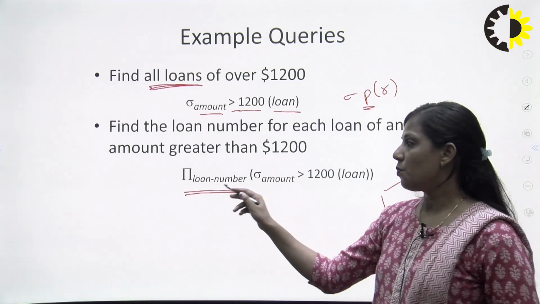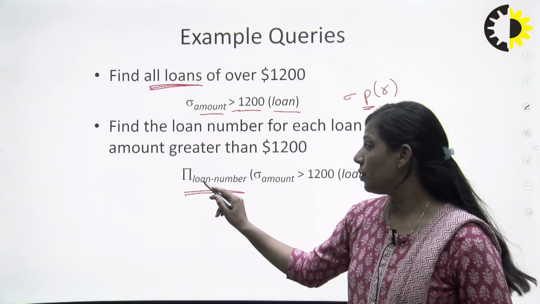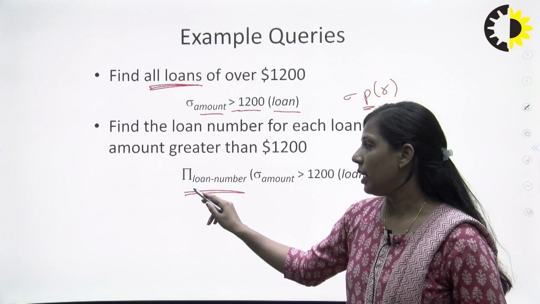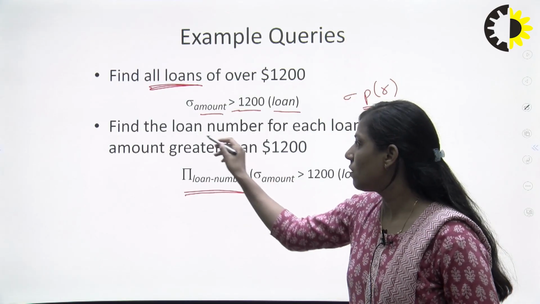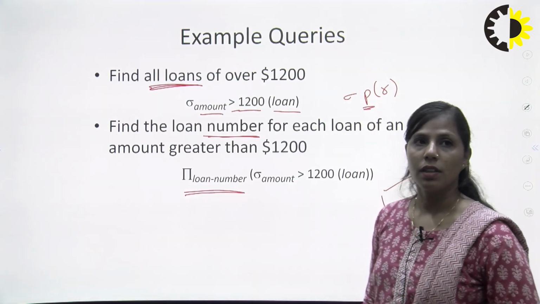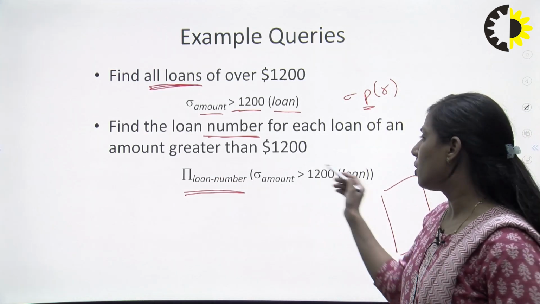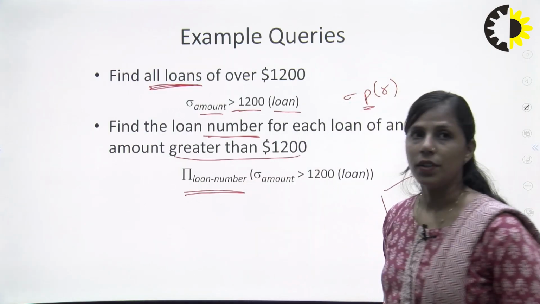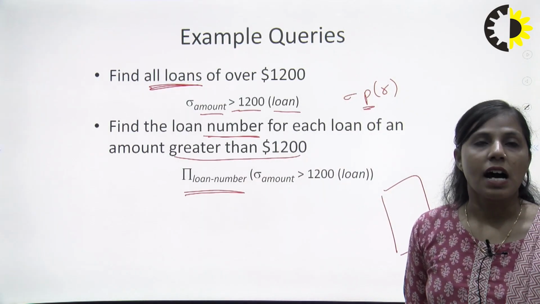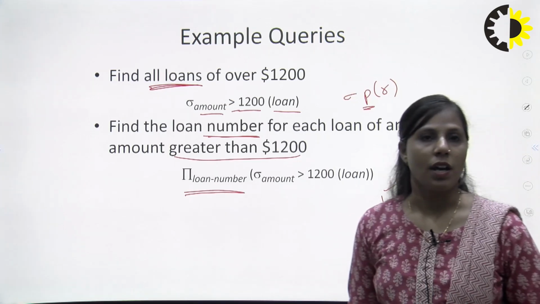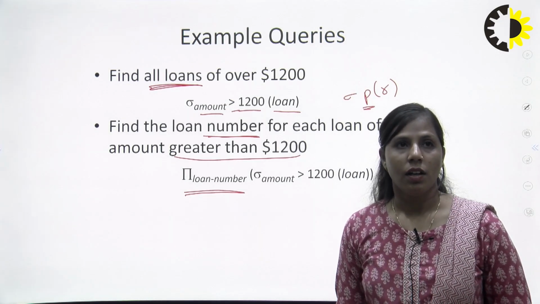So that's how we have noted it: pi loan number as an output. What was asked was the loan number, that's why we have taken pi loan number, and the condition was the same, because the other condition was also given over here. So this is how the example comes and the question can be asked using relational algebra.